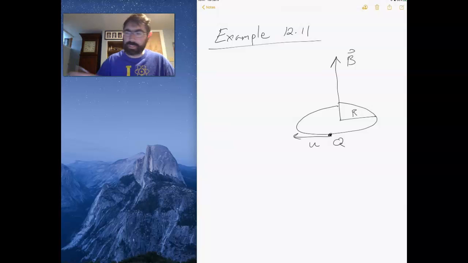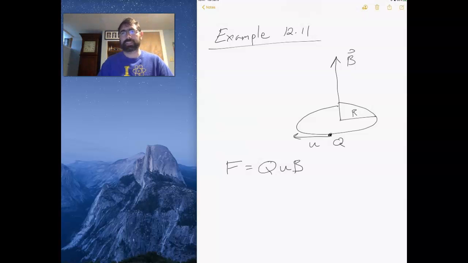Now, the magnitude of the force you would feel would be the charge times the velocity times the magnetic field. And since I've drawn it such that the velocity and the magnetic field are perpendicular, I don't have to worry about the cross product right now.